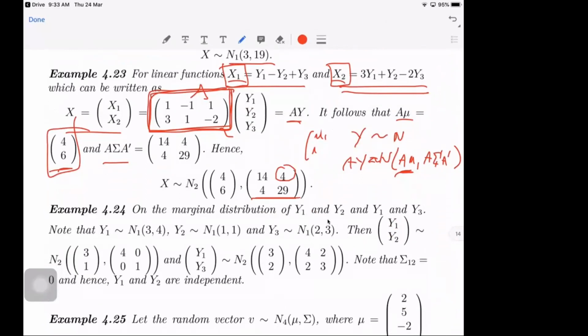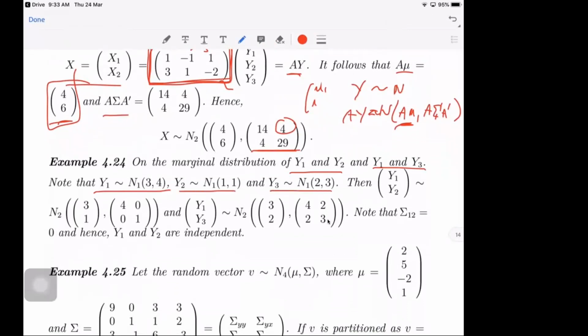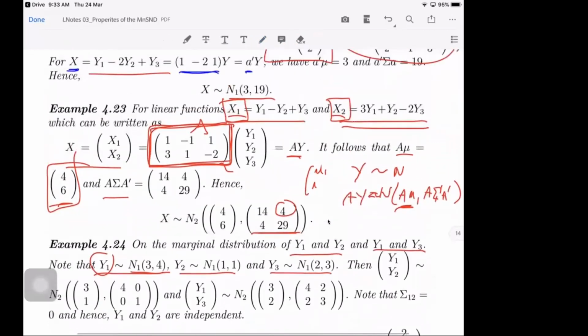Okay, so with respect to marginal distribution, we use the derived formula earlier. So if we have y1 and y2 here, and y1 and y3, and we have this specific distribution. Where did you get that? Why can you say that y1 is normally distributed with mean 3 and variance 4 here?